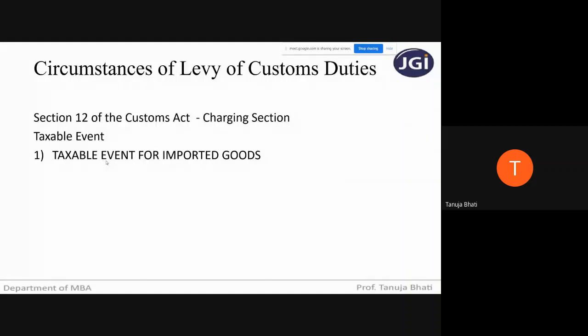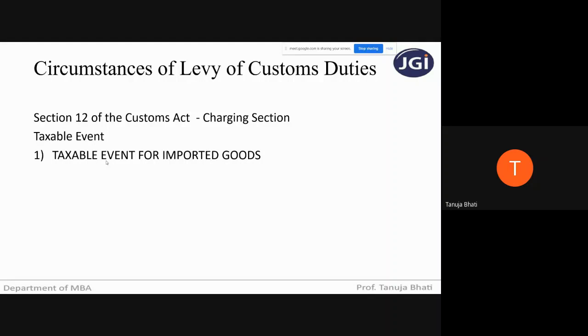And whenever any importer is moving the goods to warehouse, he can move it without the payment of custom duty. But when he is clearing for home consumption, he is required to pay the custom duty. Then only he will be allowed to take the goods for home consumption.